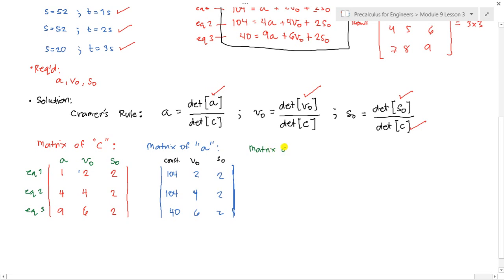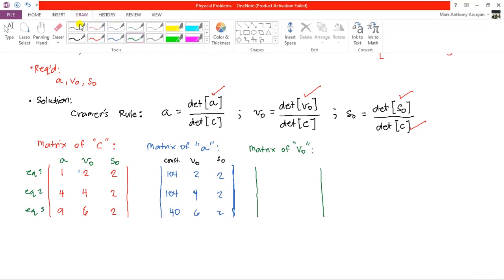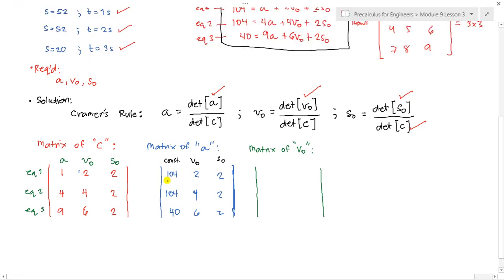This is matrix for initial velocity V naught. So again here, kung inyo napansin sa pattern sa matrix A, unsa may atong entry for the first column? V naught naman ta. The same thing sa ato ang pag-solve for matrix A, di ba? Sa matrix A, gitangtang ang column sa A, gi-replace sa constant.